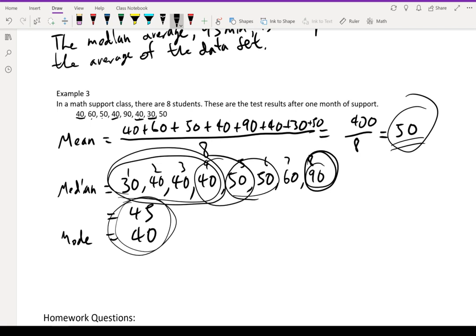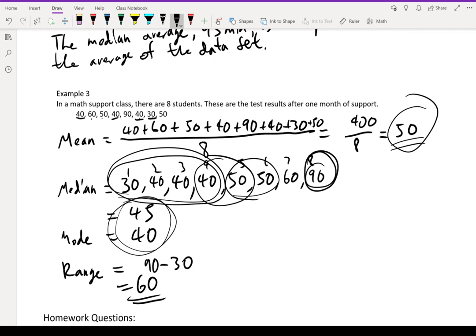Let's look at the range as well. I forgot to talk about the range. The range is the largest data minus the smallest data, which is 90 minus 30, and that's 60. We can say that 60 is a huge spread. The spread of the data is between 30 and 90, so that's a very big range.